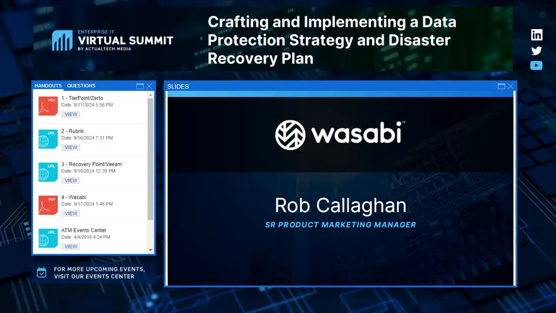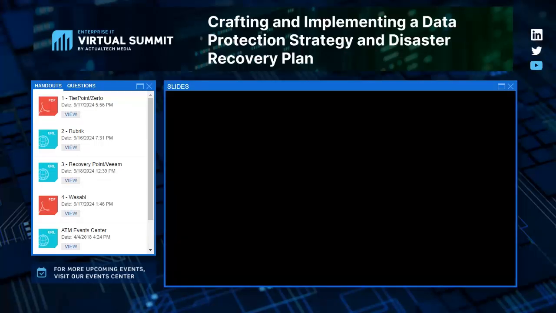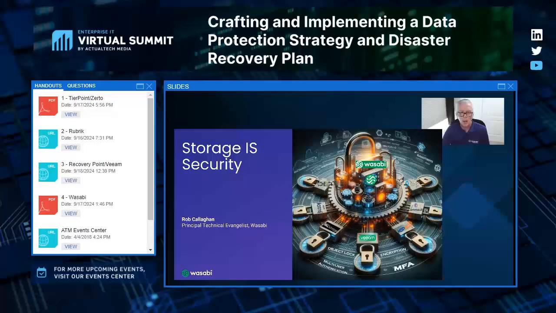Today, we're going to talk about storage as security, your ransomware recovery lifeline. Or as I like to say at Wasabi, storage is security. Cyber incidents are no longer a question of if, but when, and your ability to recover quickly and without paying a ransom is crucial. And to do that, Wasabi partners with key industry leaders like Veeam, Dell, Veritas, Commvault, Rubrik, Cohesity, and Acronis to protect your critical data.